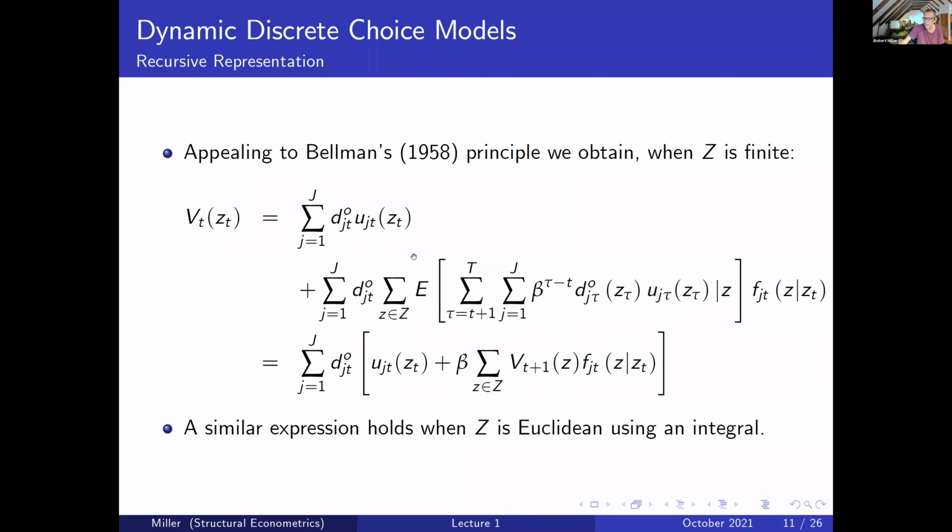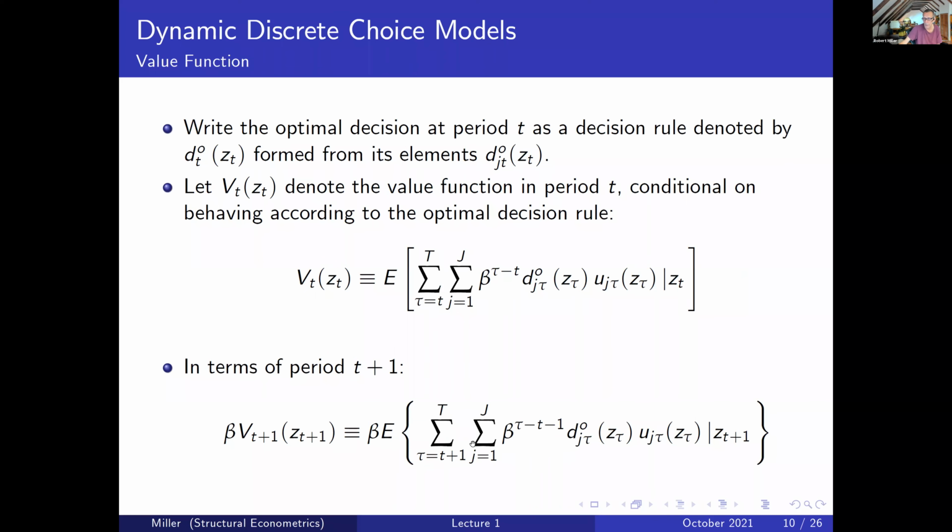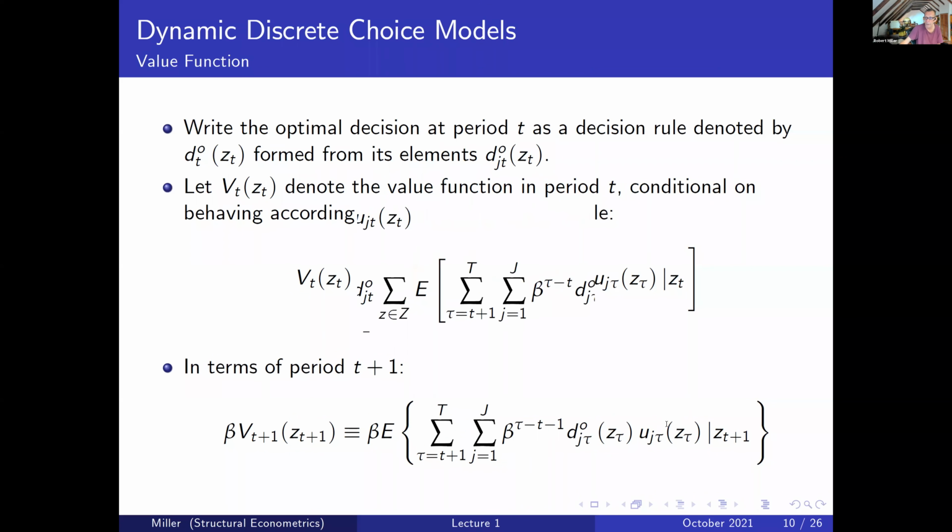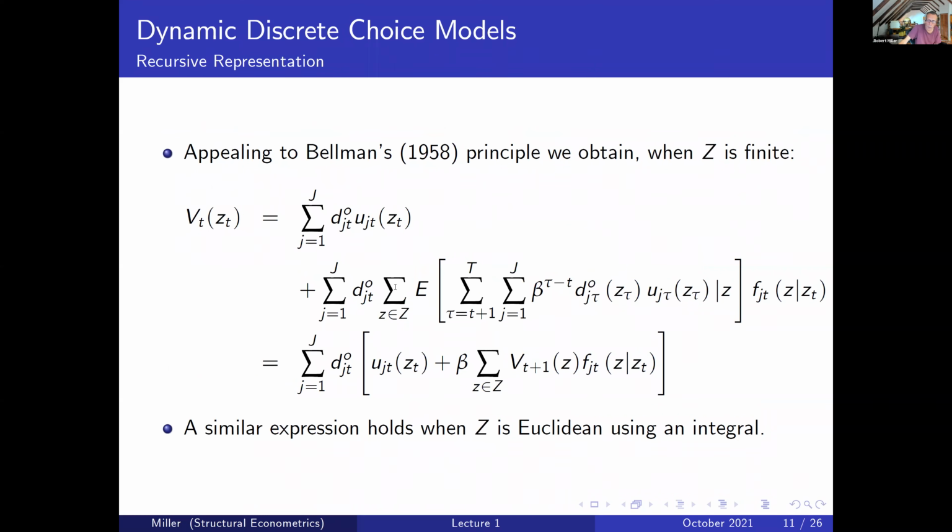And this thing here, if you stare at it long enough, is just what we saw on the previous page, this value function right here, next period's value function. And so when people are optimizing, they're thinking, here's my value function this period. If I know what my value function is going to be next period, as a mapping of what the background characteristic will be, I integrate over that background characteristic, discount it by beta, and then add to that my current utility.